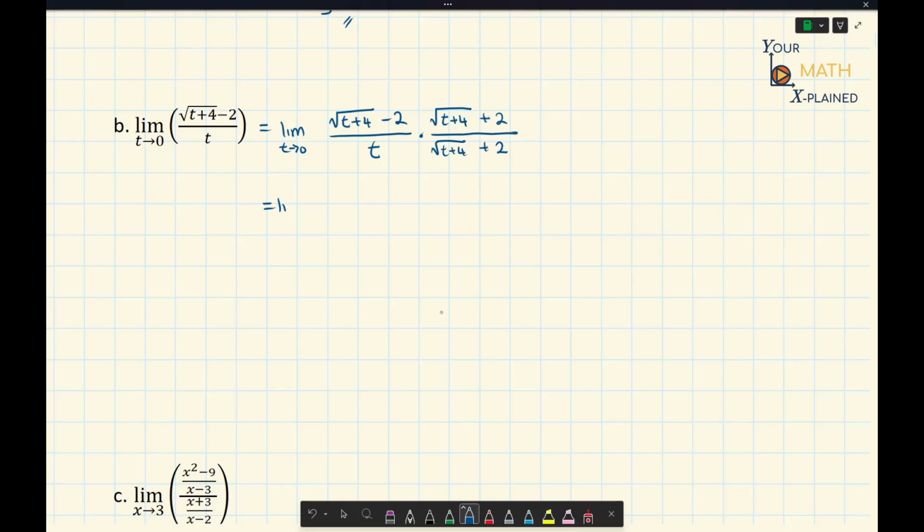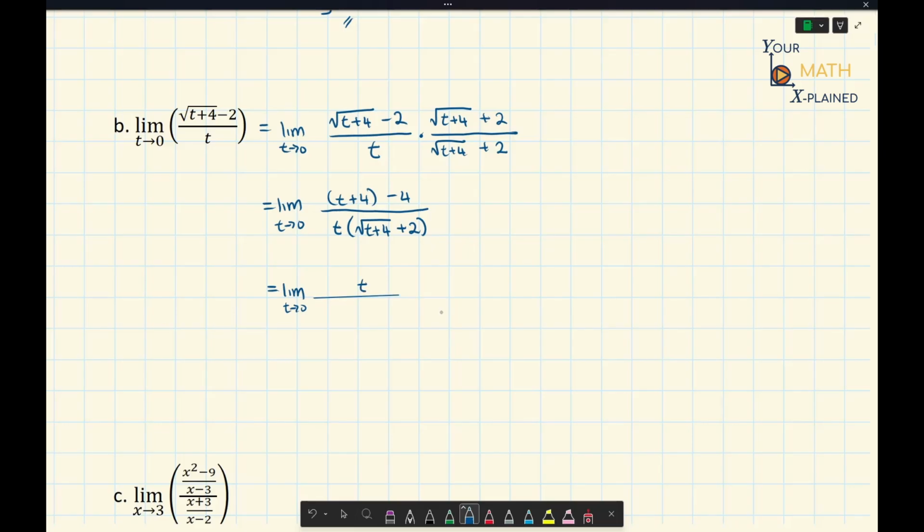And now our numerator is going to be equal to t plus 4 minus 4, because that's a difference of squares. And then our denominator is t times the square root of t plus 4 plus 2. So notice how on our top, we have a plus 4 and a minus 4, which means we're left with just t on top.